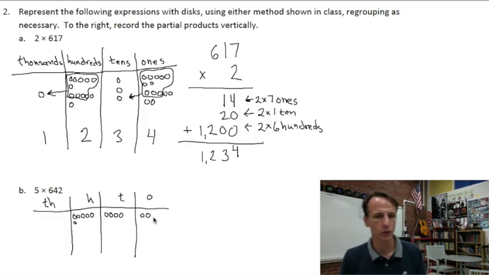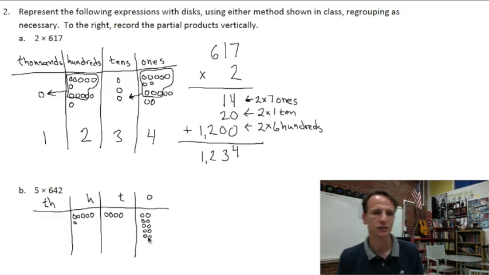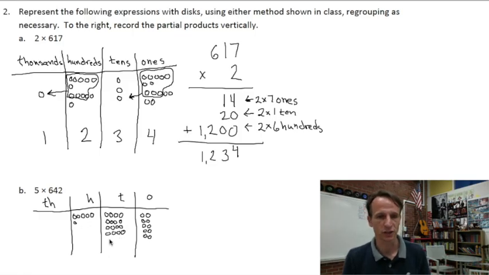So I'll start over here in the ones place, multiplying by 5. So 1, 2, 1, 2, 1, 2, 1, 2. So I now have 5 rows of 2, and same thing in the tens place. I have 4 tens multiplying by 5. So 1, 2, 3, 4. 1, 2, 3, 4. 1, 2, 3, 4. It's like an exercise video all of a sudden. 1, 2, 3, 4.